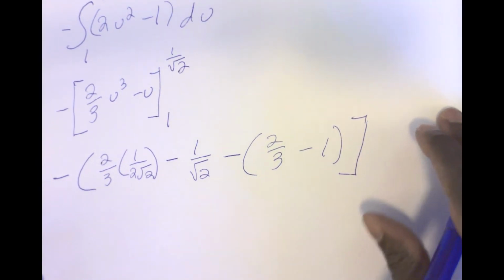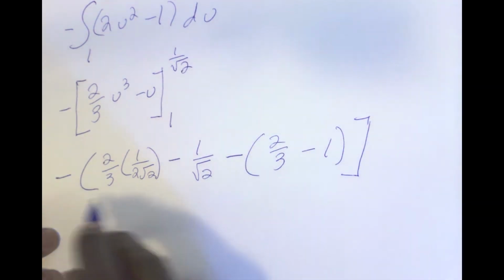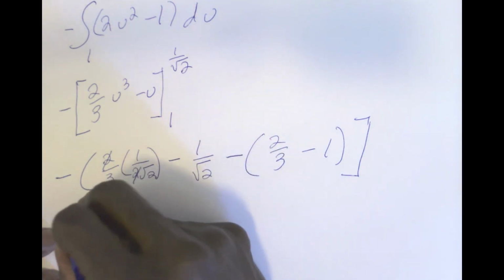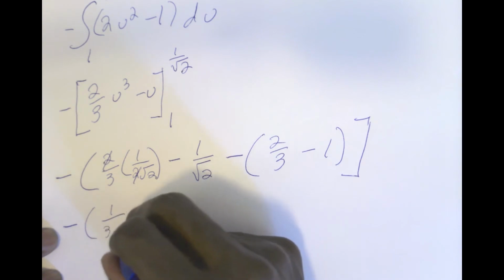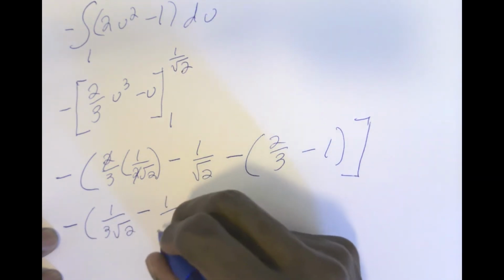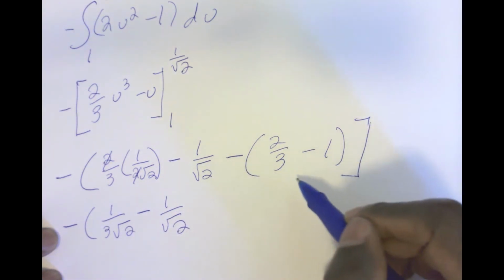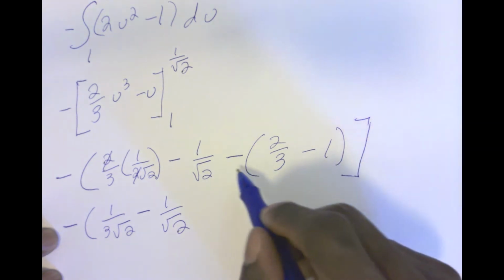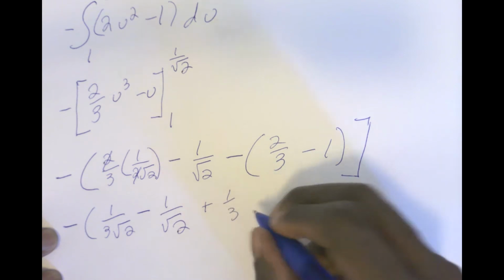All right, there we are, looking quite nicely. So let's see here. So here these 2's are going to cancel, and there's still a negative sign there. It's going to be 1 over 3 times the square root of 2 minus 1 over the square root of 2. And here we have 2/3 minus 1. That's a negative 1/3, but the minus sign will make that plus 1/3.